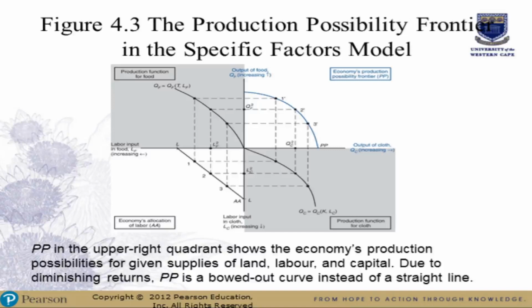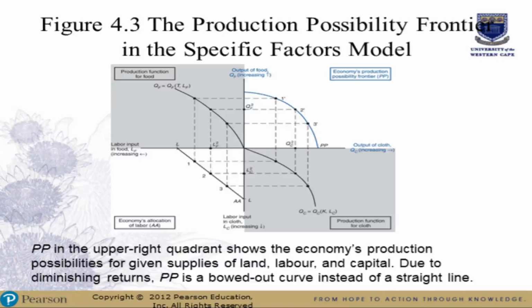Figure 4.3 is a four-quadrant diagram. The lower left quadrant indicates the allocation of labor. Both quantities are measured in the reverse of the usual direction. That is, a downward movement along the vertical axis indicates an increase in the labor employed in the cloth sector, whereas a leftward movement along the horizontal axis indicates an increase in employment in the food sector.